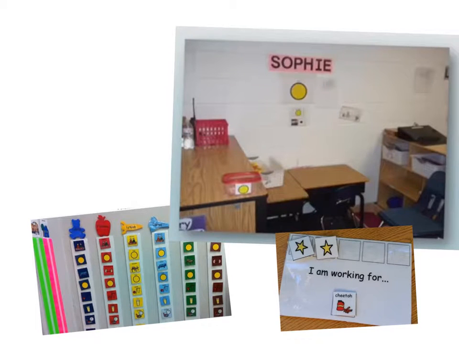Students with ASD can be further supported by having their environment augmented to support the visual recognition of where they need to be. So for example, Sophie has a yellow circle, and as Sophie moves about her day, she knows the task that she needs to do because she sees the yellow circle.